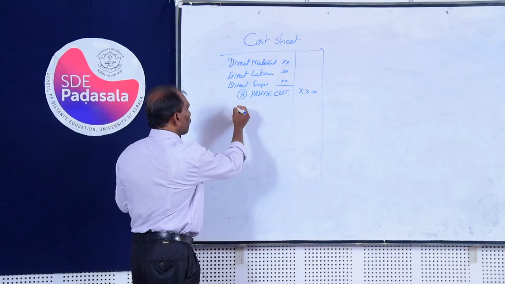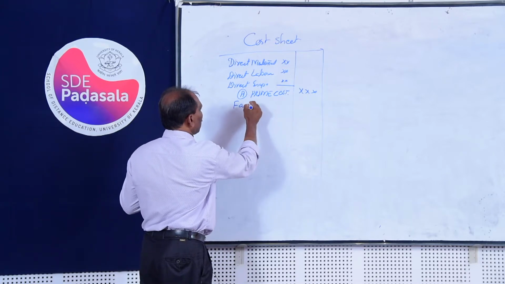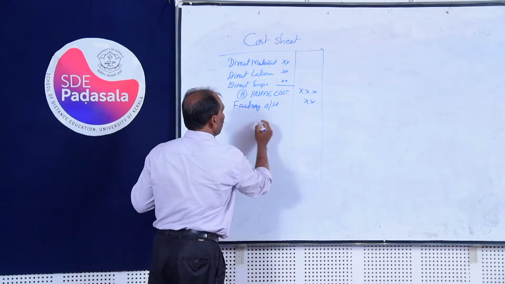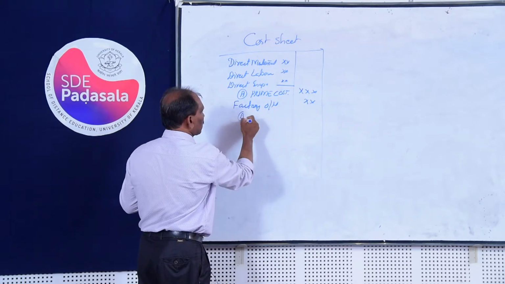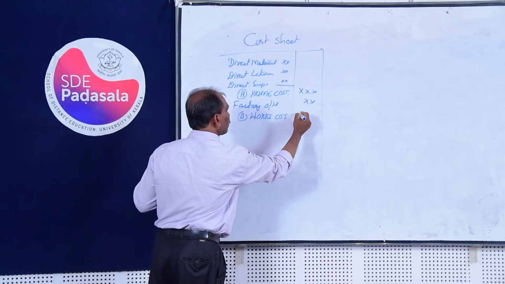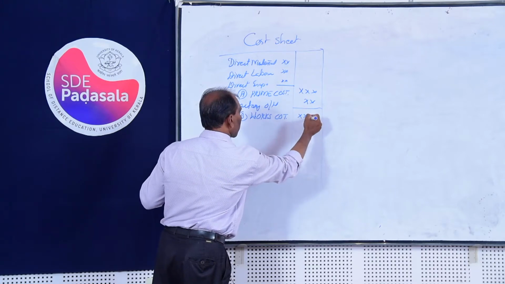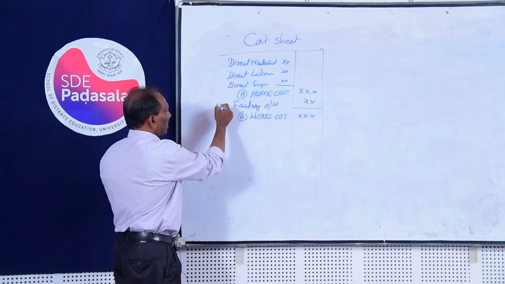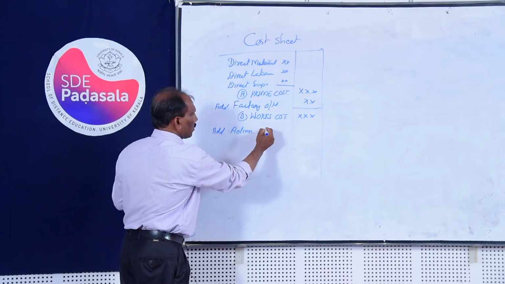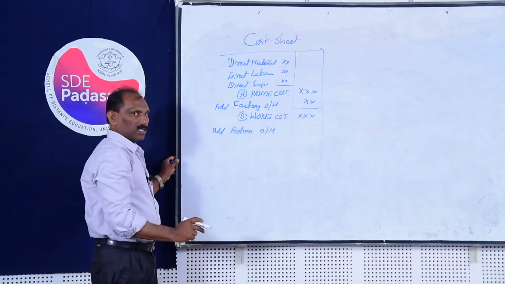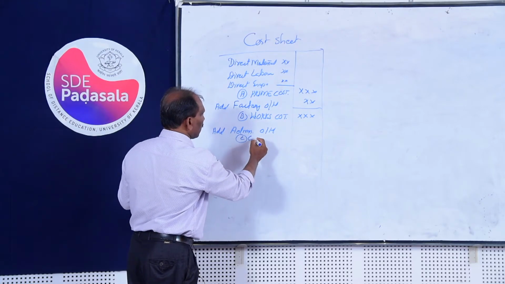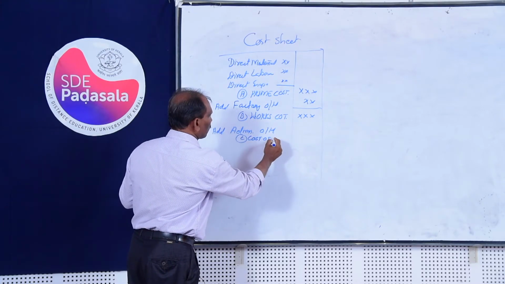If you add factory overhead to the prime cost, we will get works cost. If you add administration overhead to the works cost, we will get cost of production.